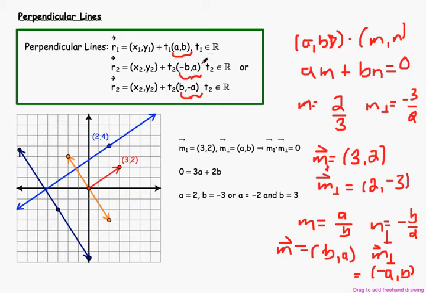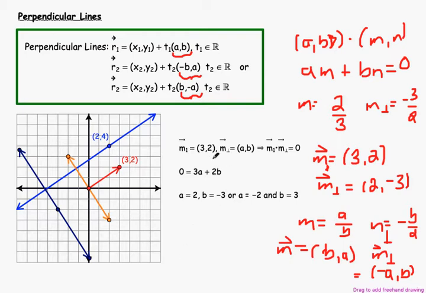I gave the same scalar to this one, but again, they do not have to be exactly the same. They just need to be scalar multiples. So any scalar multiple of AB, and this one is any scalar multiple of -b comma a, or b comma -a.